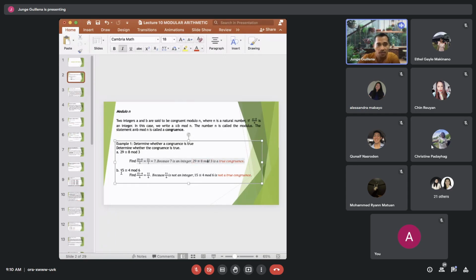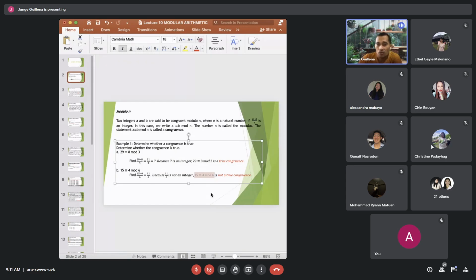Okay, for letter b, you have 15 congruent to 4 modulo 6. Again, using the definition, 15 minus 4 over 6, a minus b over n, is equal to 11 over 6. And 11 over 6 is not an integer, so that results in a fractional number. That's why this is not a congruence statement.